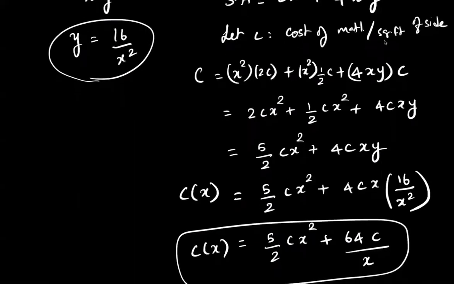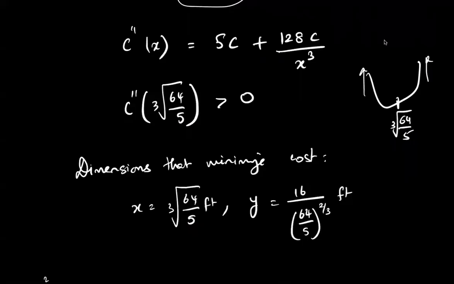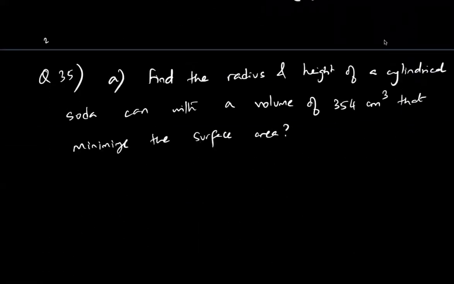And y is 16 over x squared, so y will be 16 over 64 over 5 to the power of, I'm sorry, it's not 3 halves, it was 2/3, because it was x squared, right? So cube root x squared. You can simplify this or just leave it like that. And this is what we have as the dimensions.